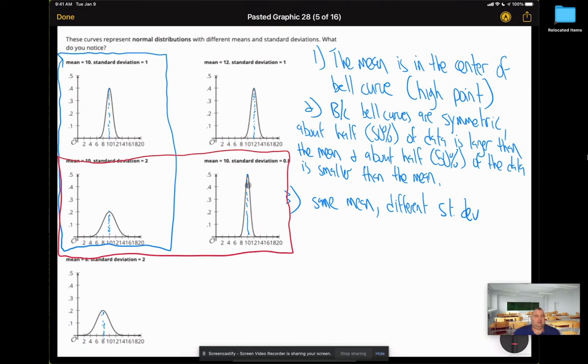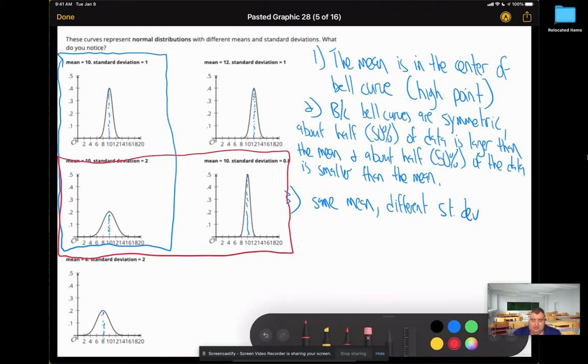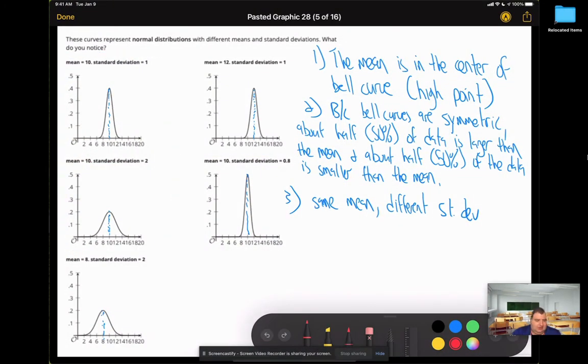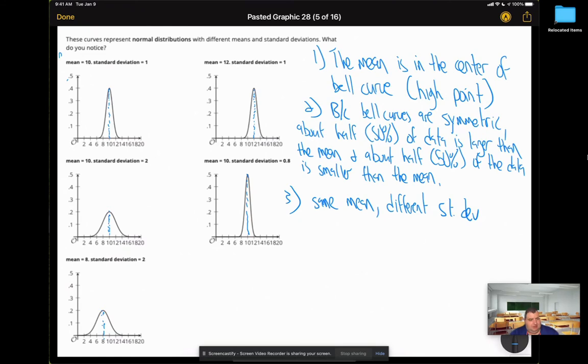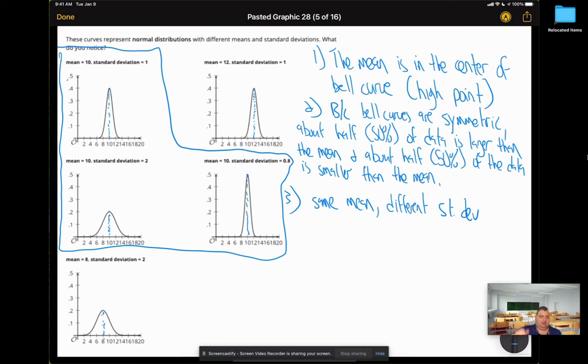Okay, so let's take a look. Actually, all three of these really have the same mean and different standard deviations. So let's look at what happens here. What we're doing is comparing these three bell curves because they have the same mean, but different standard deviations.